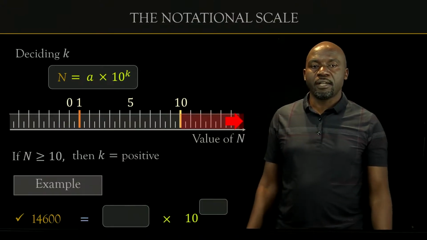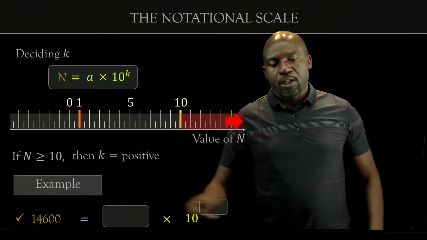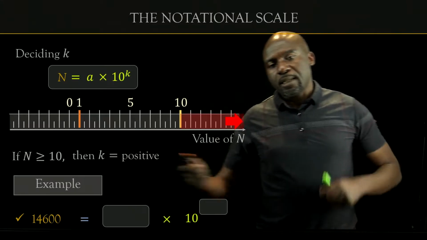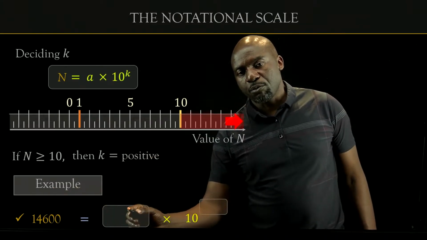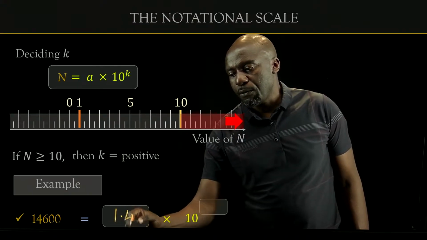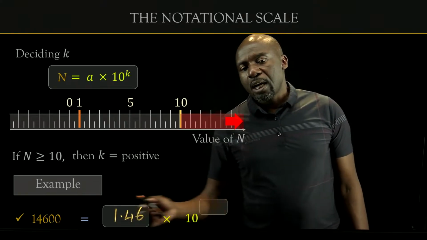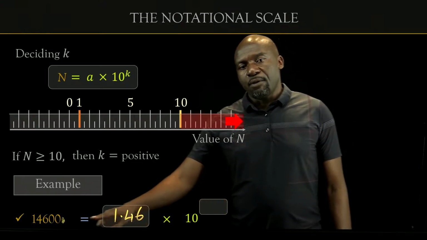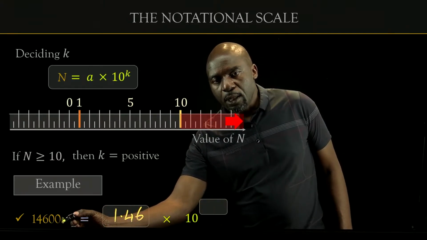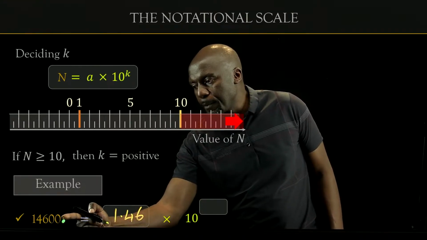14,600 is a number that is definitely greater than 10. And so when we write this, our a has to be a number that lies between 1 and 10, but has the same digits as this, and that would have to be 1.46, right? And now we have to ask ourselves, how many decimal places have we moved? That's the decimal point, the position of the decimal point is there, right?